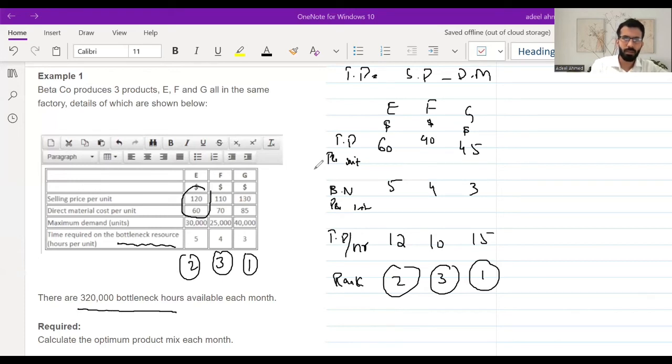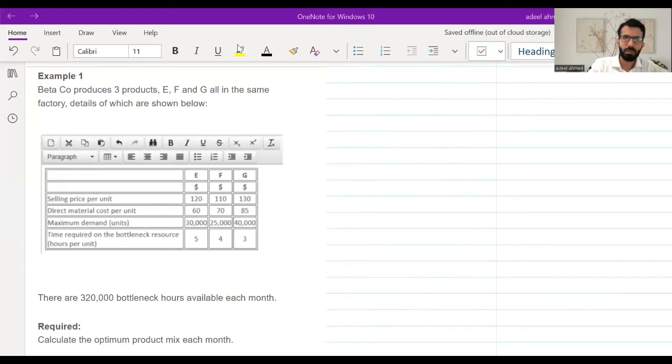Okay, let's write it down again. One. So the first rank was product G, and second one was E, and the third one was F.